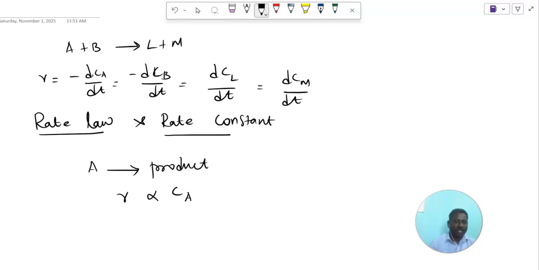So we are directly writing R proportional to concentration of A. If you remove the proportionality, a constant is included here for the rate of the reaction we are dealing with. So k is the proportionality constant, meaning rate constant.